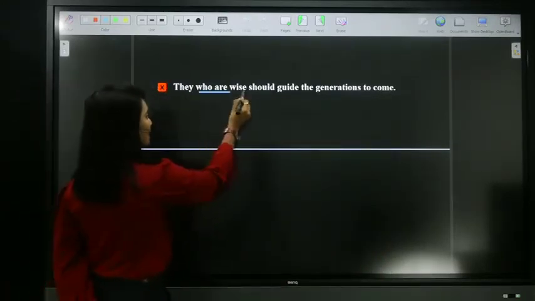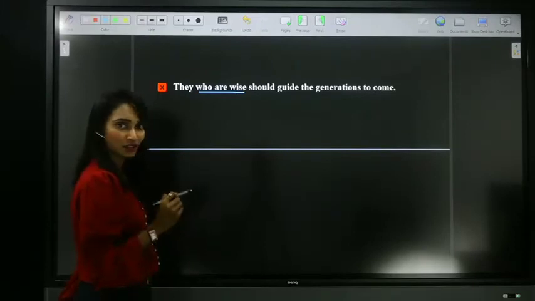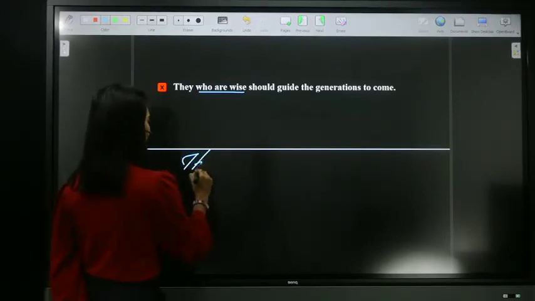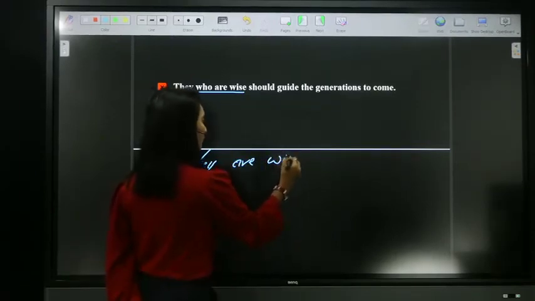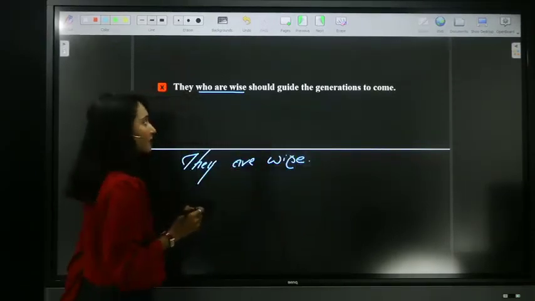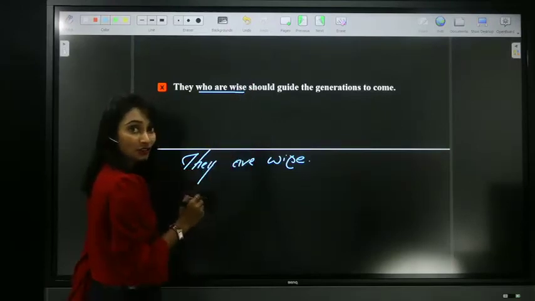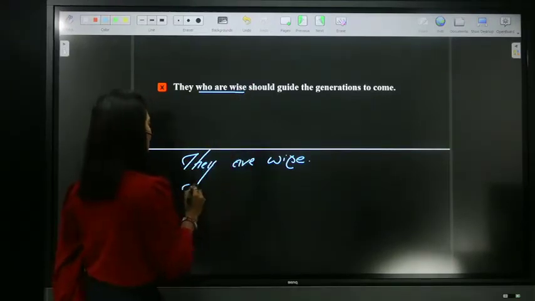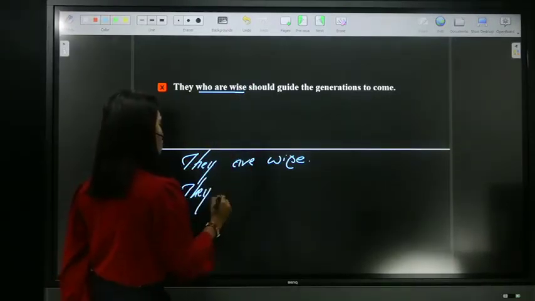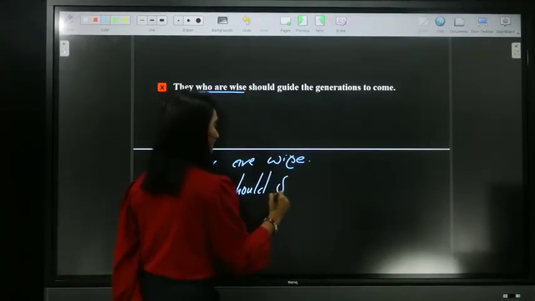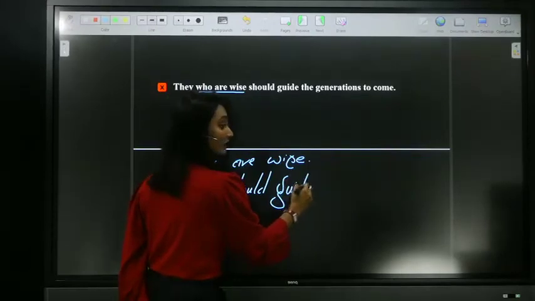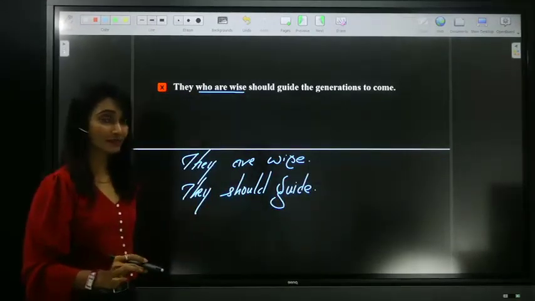Who are wise? You can say they are wise. That's okay. But some more information is there, no? You can say they should guide. But here we are linking two different things.